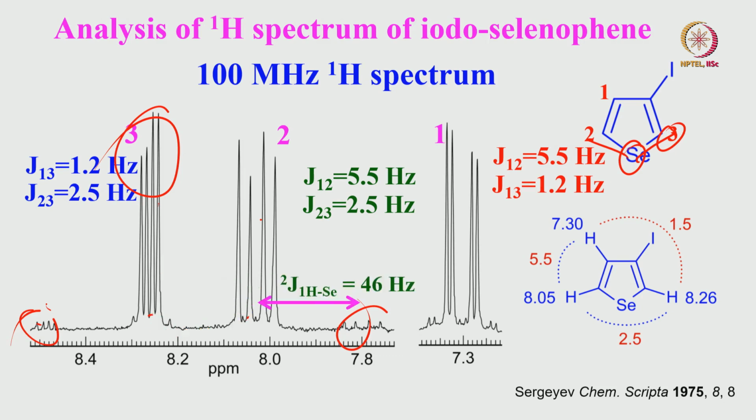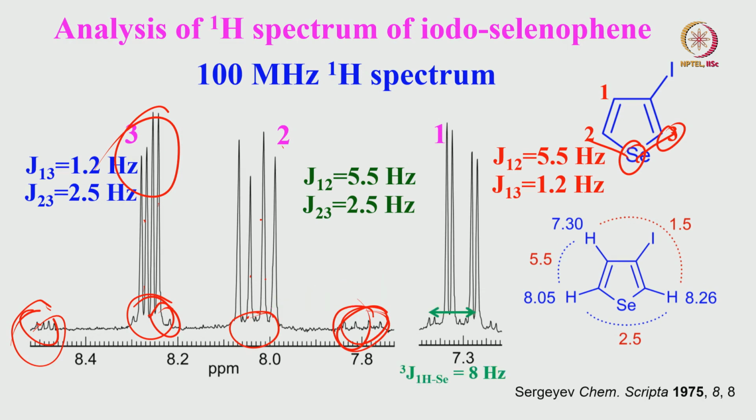Similarly, if you go to this proton 2, this also has a 46 hertz coupling. From the center you have some peaks here which are overlapped, and from this one you see 4 peaks here, with separation exactly like this. So satellites are there for this group also, one is here, the other is overlapped. For this one, one satellite is here, the other is hidden.